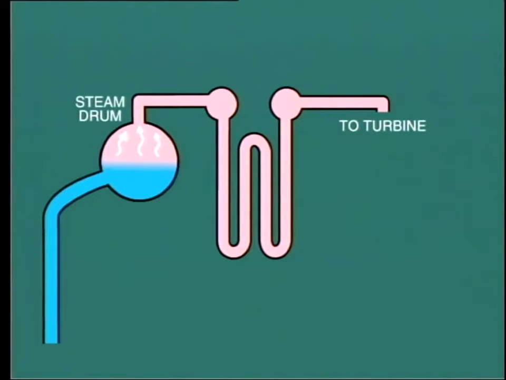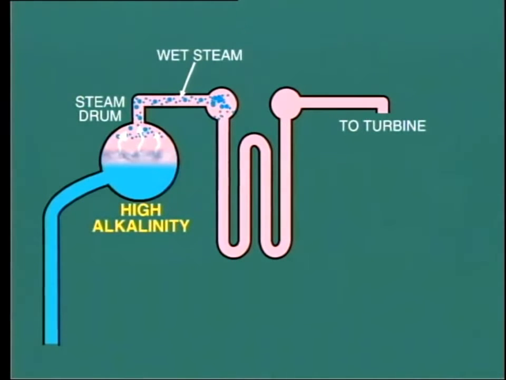The effect of the dissolved and suspended solids is to increase foaming on the surface of the water in the drum. This in turn leads to carryover of water with the steam. Carryover may also be caused by fluctuating water level in the drum or a persistent high water level. High alkalinity in the boiler water may also contribute to carryover.